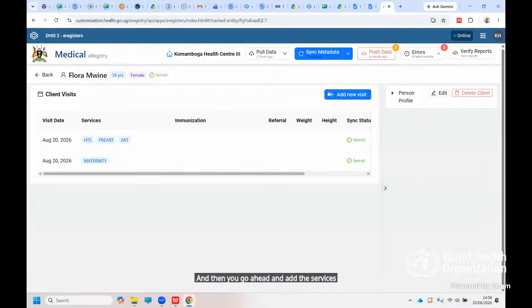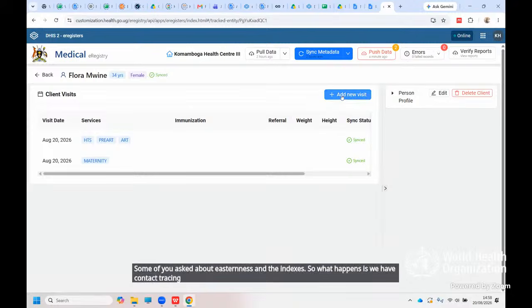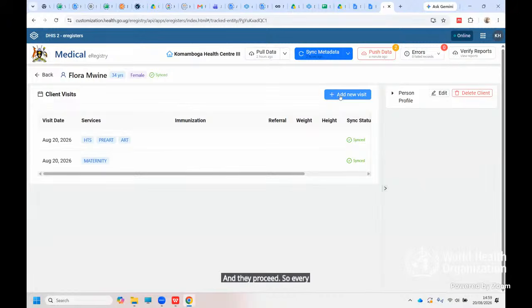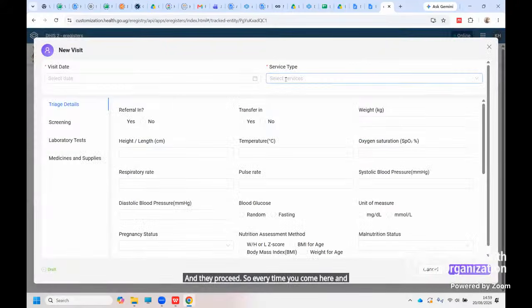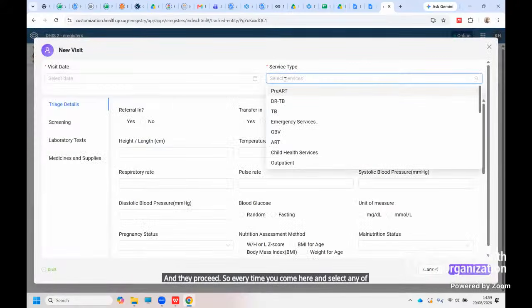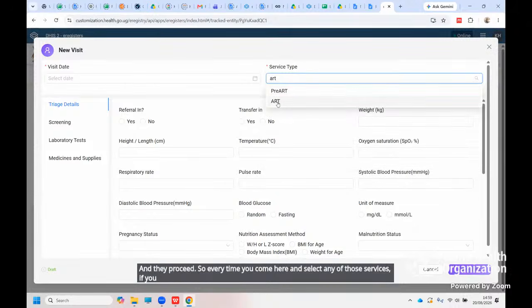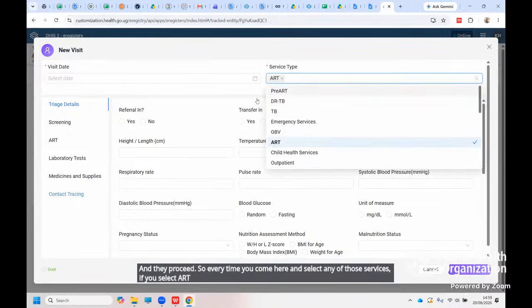Then, in terms of someone who asked about SNS and the indexes, we have contact tracing in this system, but sorry, I forgot about this. We have provided for contact tracing for 3 services: HIV, TB, and leprosy. Every time you select any of those services, if you select ART, you will see contact tracing coming.